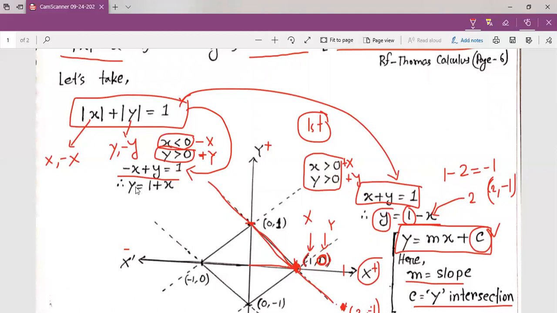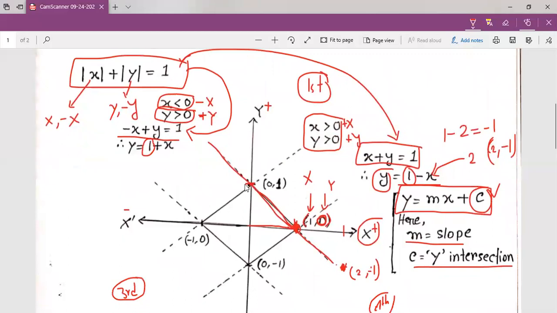So now keep y on the left side and everything else on the right side. We get y equal to 1 plus x. So our y intercept, or the value of c, will be 1. Now let's take any values, okay? We can take 1, we can take minus 1. Let's take 1 first.